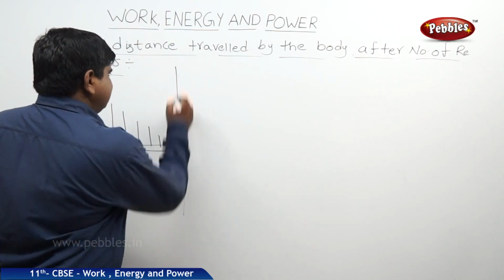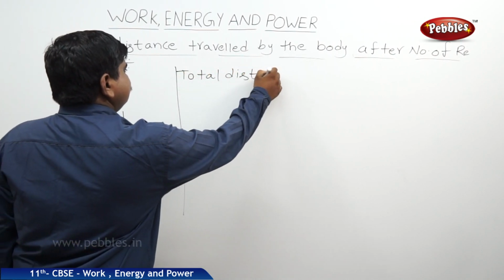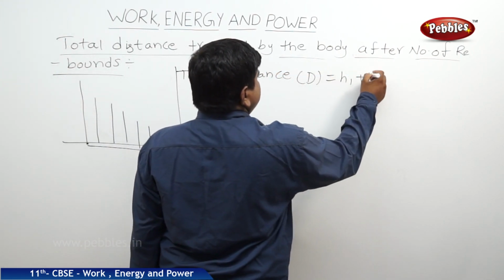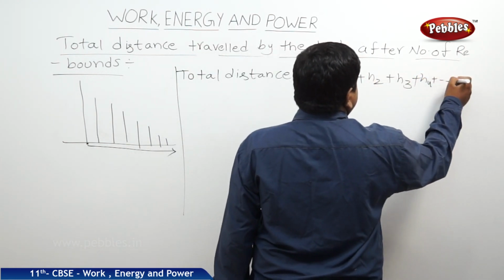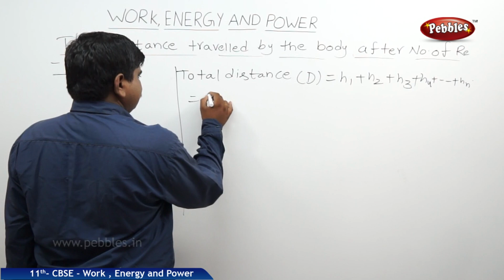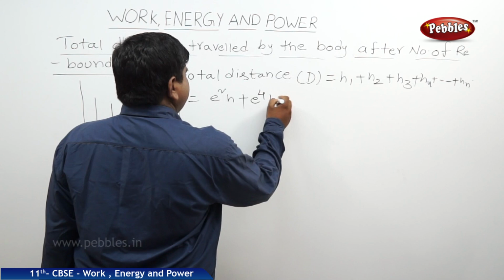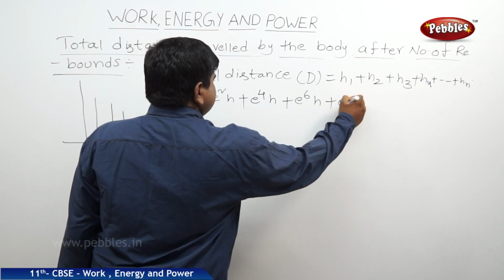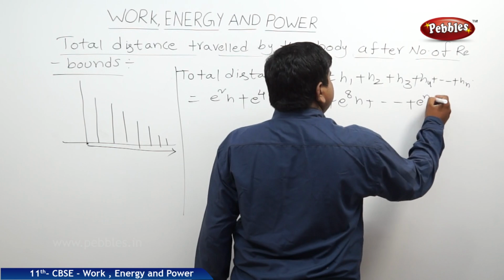So the total distance d is equal to h1 plus h2 plus h3 plus h4 and so on up to hn. We know that h1 is equal to e square h, h2 is equal to e power 4 h, h3 is equal to e power 6 h, h4 is equal to e power 8 h and so on.